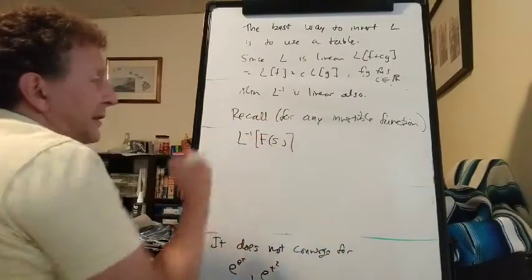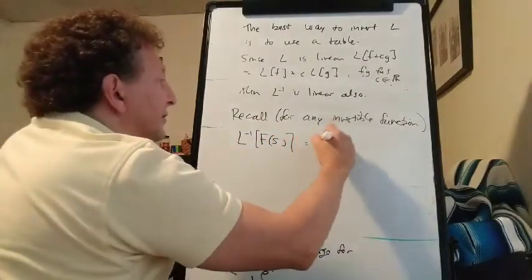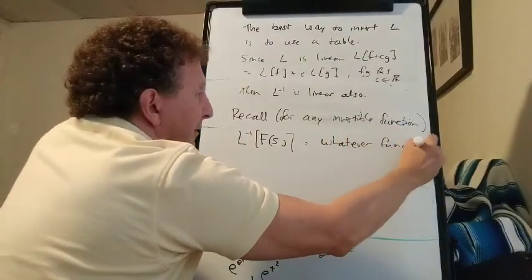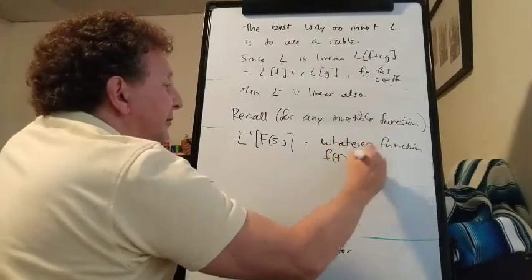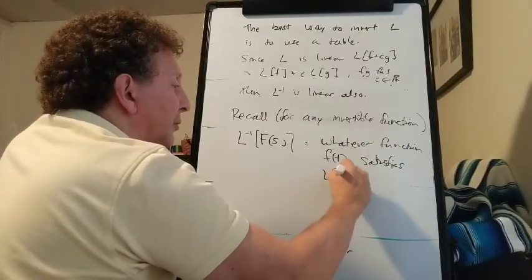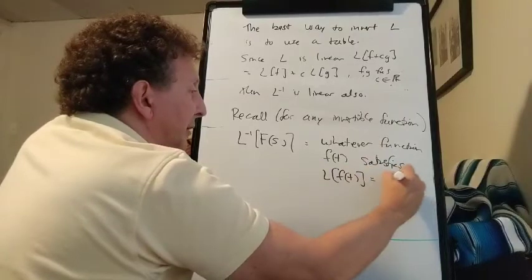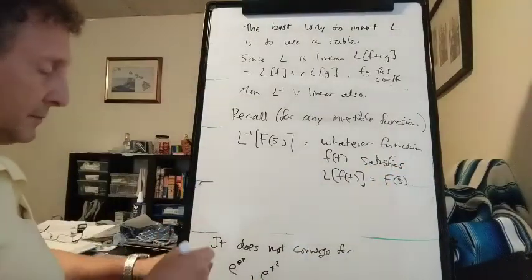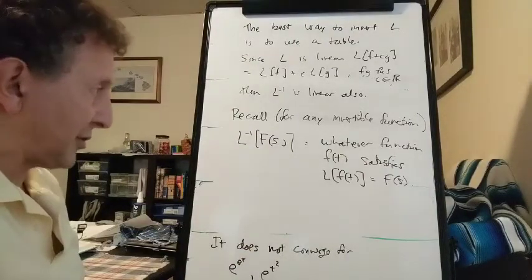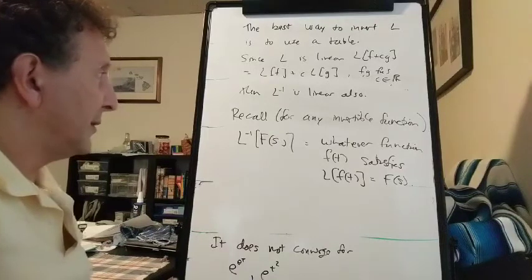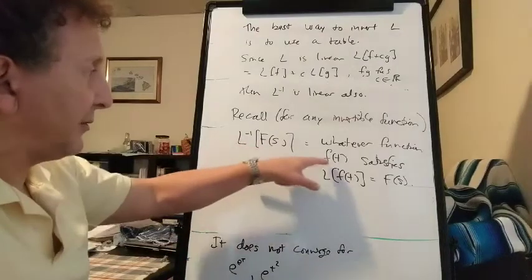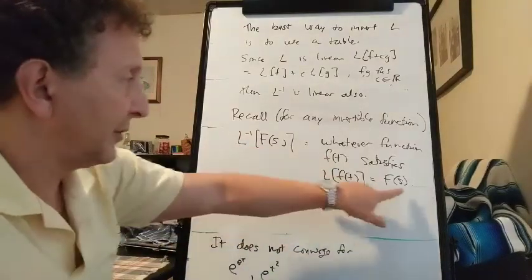So if we want to take Laplace inverse of F of s, this is whatever function f of t satisfies Laplace transform of f of t equals capital F of s. So it might not sound like a very explicit definition because it doesn't tell us what to do, but that's what inverse means. It means whatever it takes to get this. So if f of t is what it takes to get this, then f of t is the inverse of this.